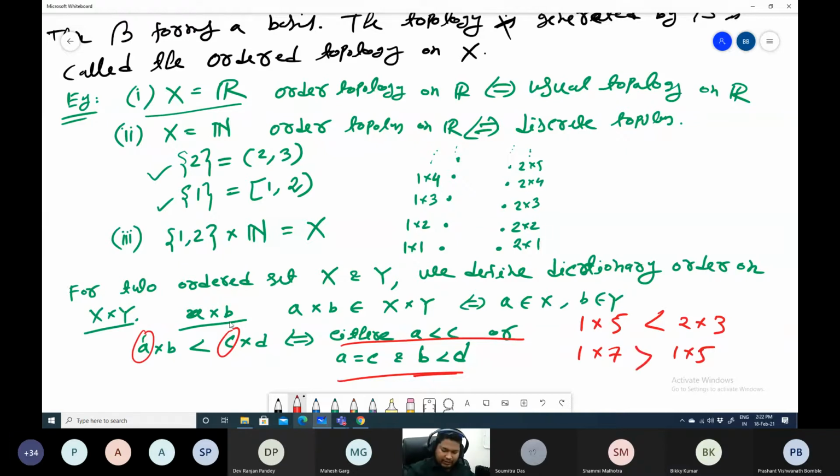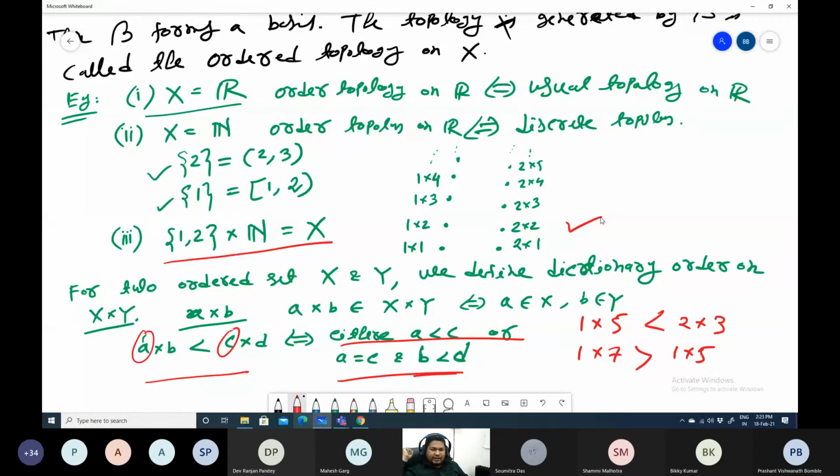Okay. Now we have this dictionary order topology and we have this set. Now what kind of order topology is it? Again discrete.